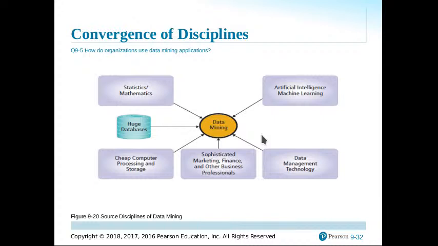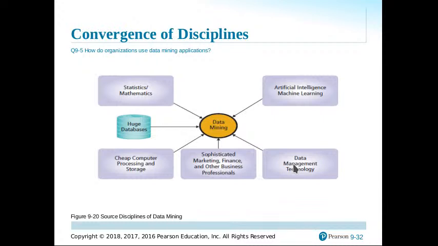In order to use it, you can see that it requires a lot of disciplines. Remember, data mining is not just from computer science, never, right? It should come from industries as well. It should come from marketing, from finance, from other economic sectors.